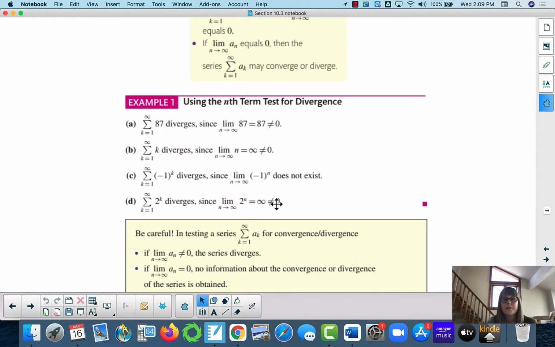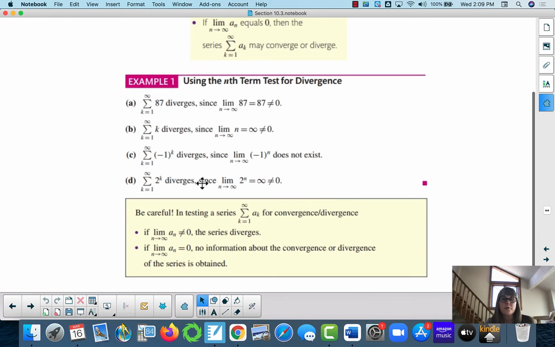This one doesn't exist because we're oscillating back and forth between 1 and -1. So the limit doesn't exist, which means it doesn't equal 0, which means that the series diverges. And this one also continues on to infinity, doesn't equal 0, and therefore that diverges.